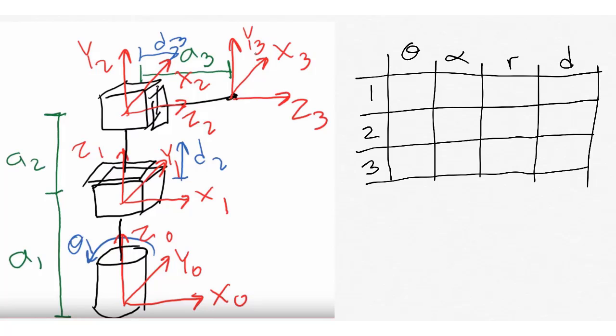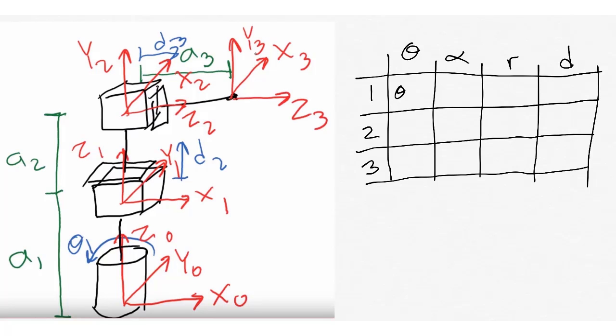The last example I'm going to show is the cylindrical manipulator shown here. We'll start with theta. Between frame 0 and frame 1, we have theta 1, the joint variable, that has to come into play with the theta parameter.